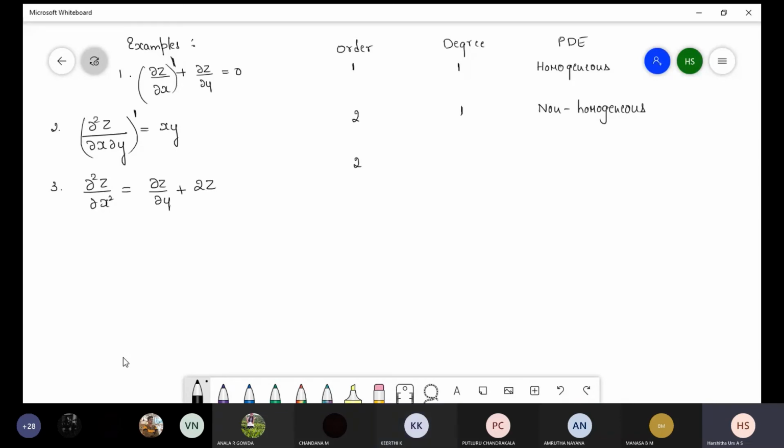For the highest order, for that order only we have to write the degree, not for the other. What is the degree? 1.